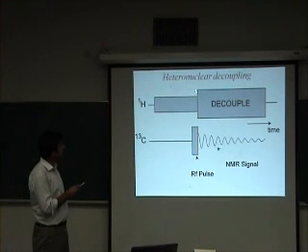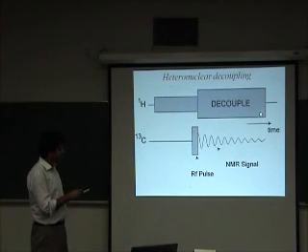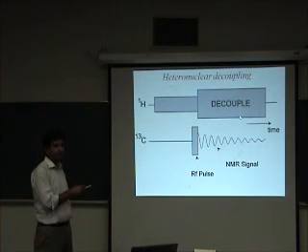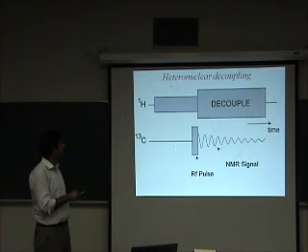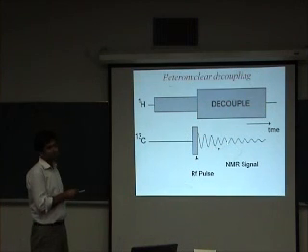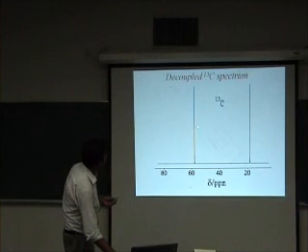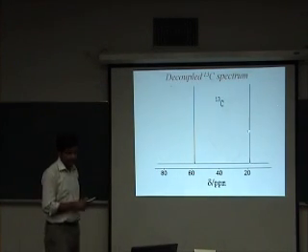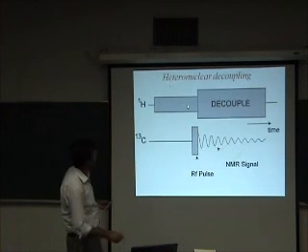But if at the same time you apply a radio frequency to the protons at their Larmor frequency, then effectively you can decouple the two protons and the splittings will disappear. So this just simplifies the spectrum. This phenomenon is called heteronuclear decoupling.